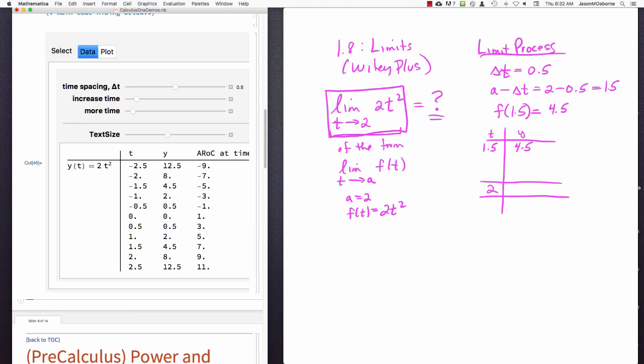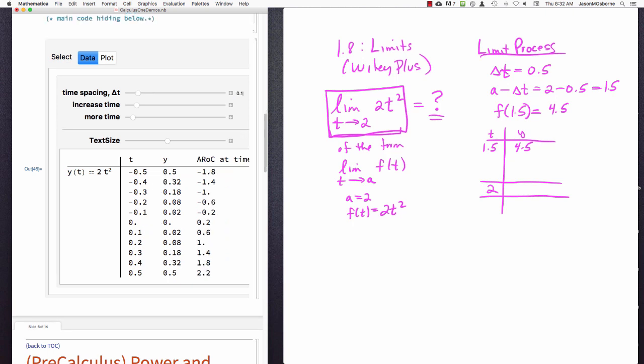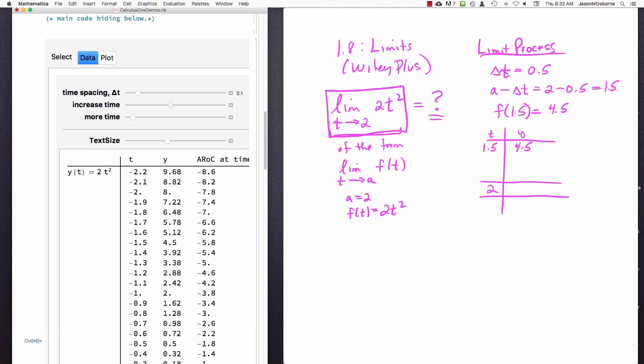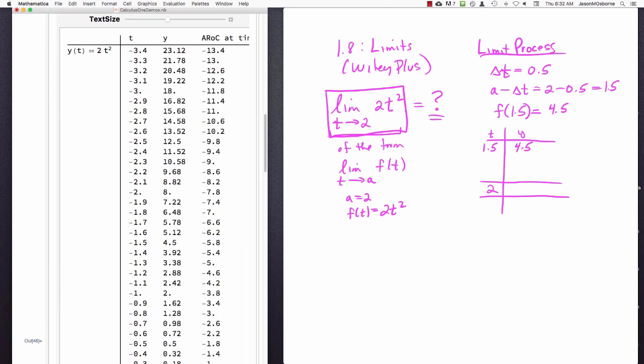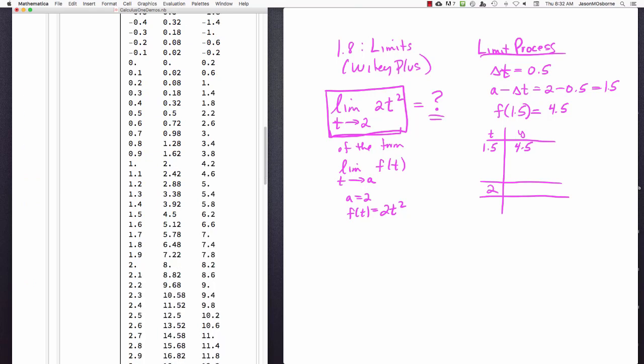Change the time spacing to a smaller delta t, say 0.1. All this you can do on your calculator. Let's increase the time until we find 2 in the table, so I'm going to keep increasing until I find the point of interest 2.